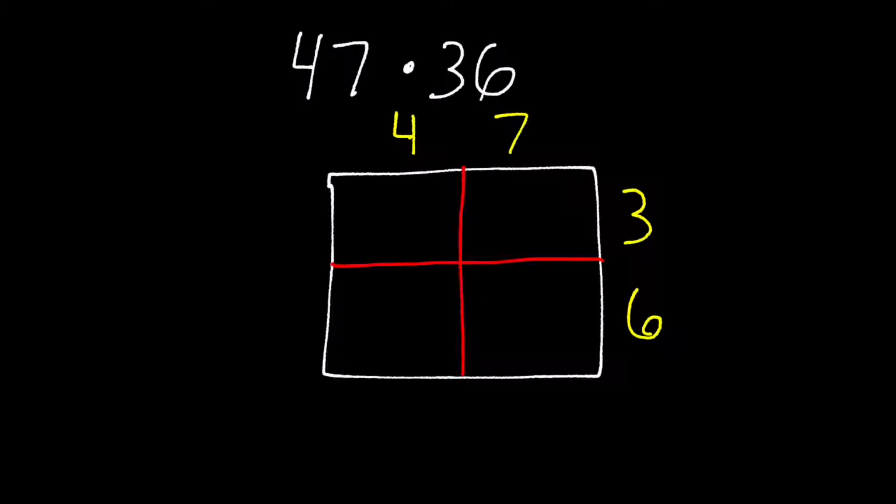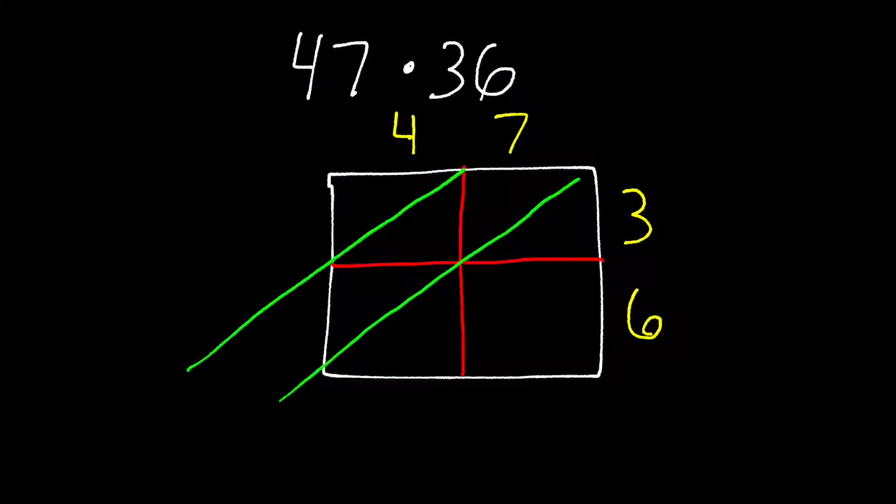We still change our boxes into diagonals. Look how much this goes through. Ooh, it goes through all of that one, and then there. So now we have four boxes that are split into triangles for our ones place and our tens place.